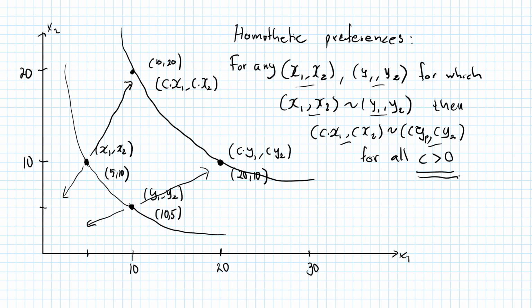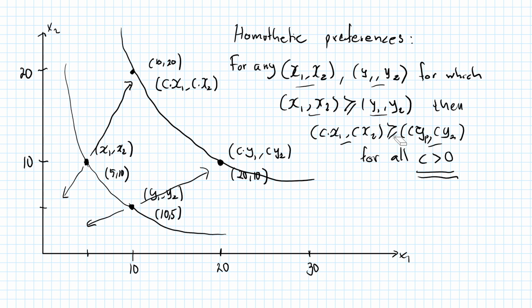However, restrictions on preferences tend in general to be described in terms of the weak preference relation rather than the indifference relation. So it's actually more common to see the following definition. For any two bundles in which the x bundle is weakly preferred to the y bundle, if it is then the case that cx1, cx2 is always weakly preferred to cy1, cy2 for all c greater than 0, then we say that preferences are homothetic.